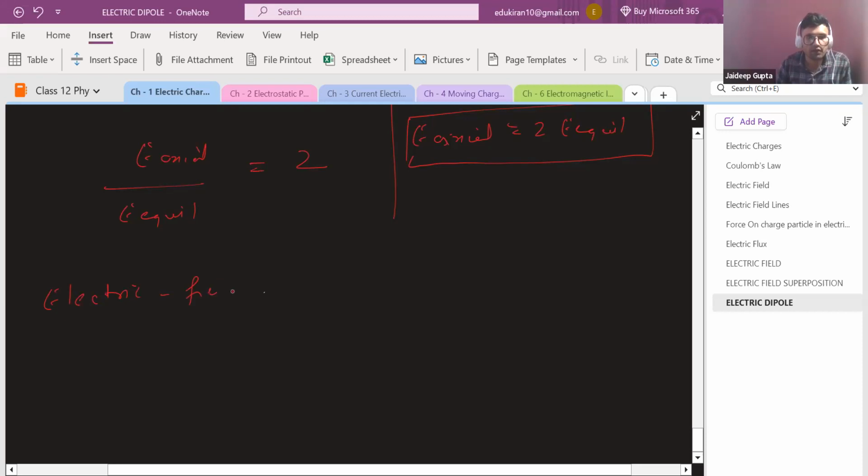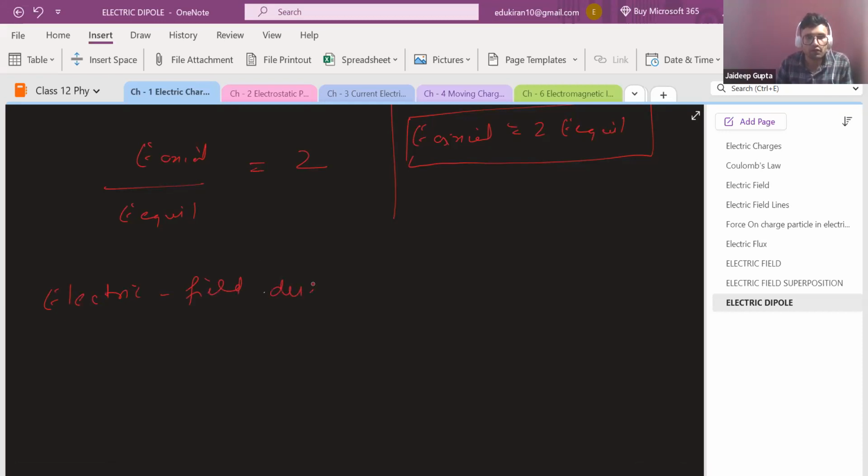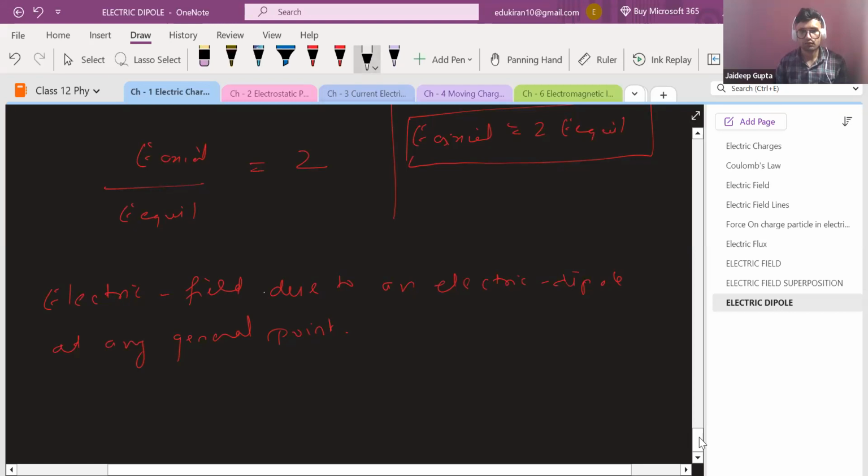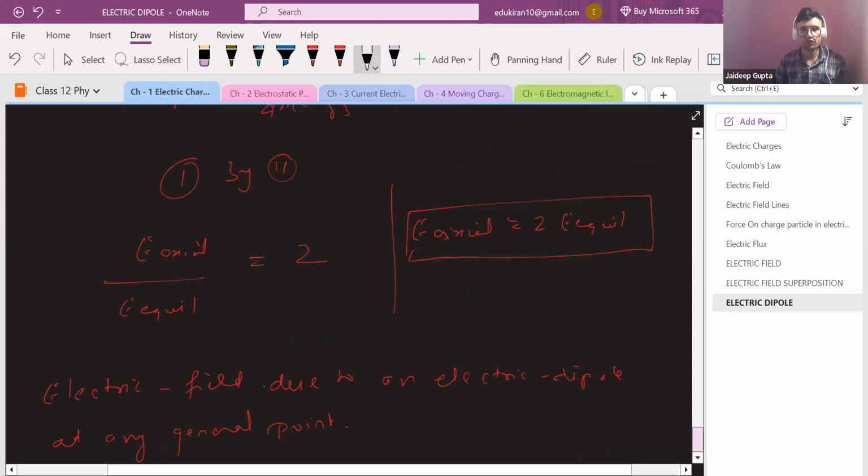Electric field due to an electric dipole at any general point. This derivation is not in CBSE. So this derivation is not in CBSE.